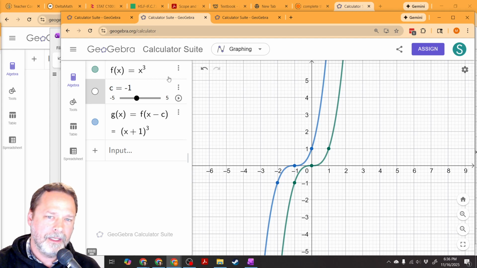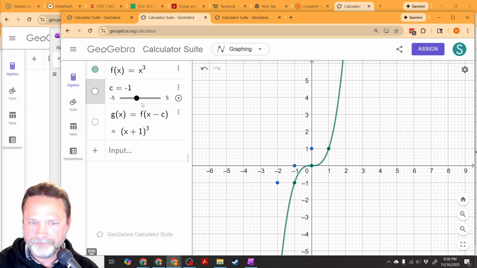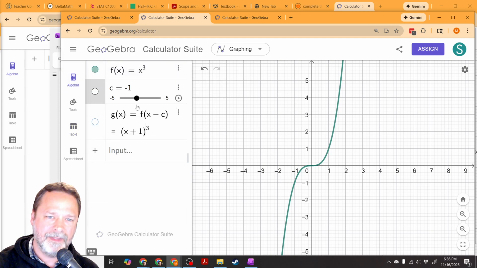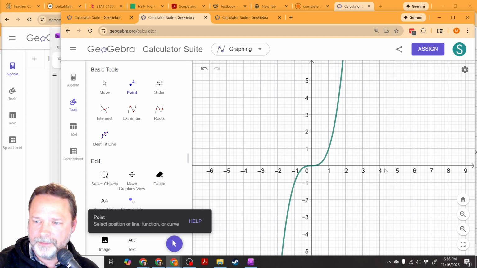So if I was given a problem that said, do a quick sketch of x minus 4 cubed. What would I do? I'd say, I need a point.